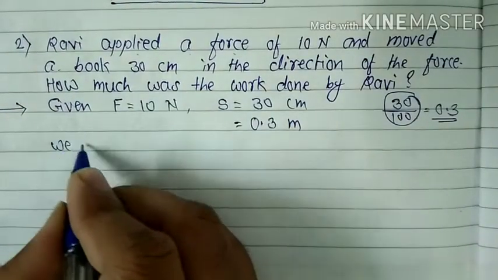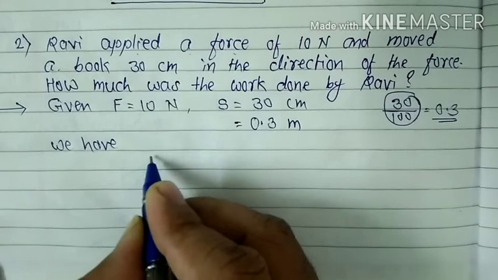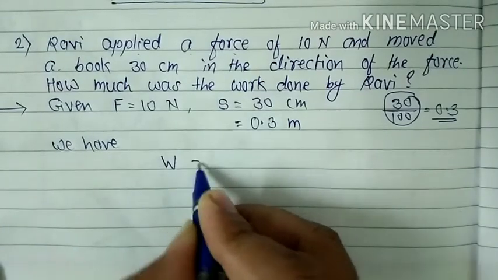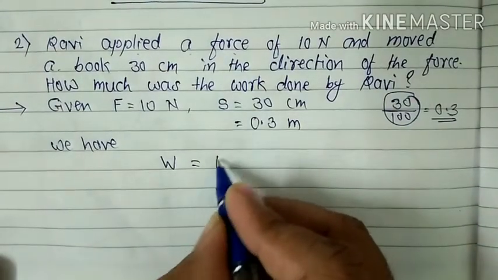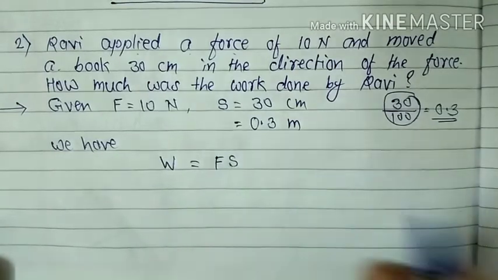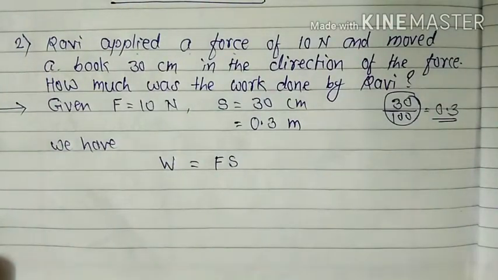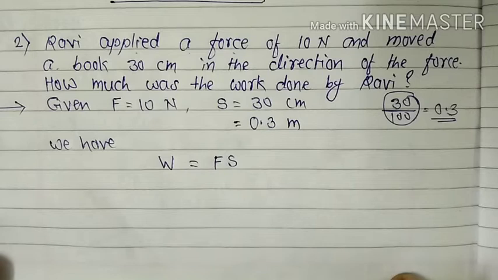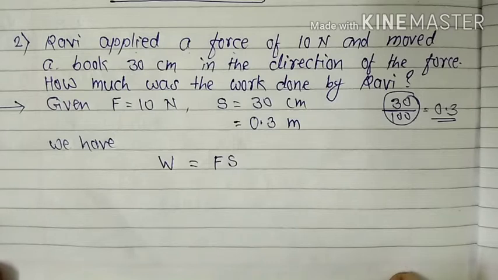Okay, now we have, what is work done? Work done is equal to force into displacement. We know that if there is the force and displacement is there, then only we can say this one is the work done. Or if object is displaced because of the force, then we can say this one is the work done.